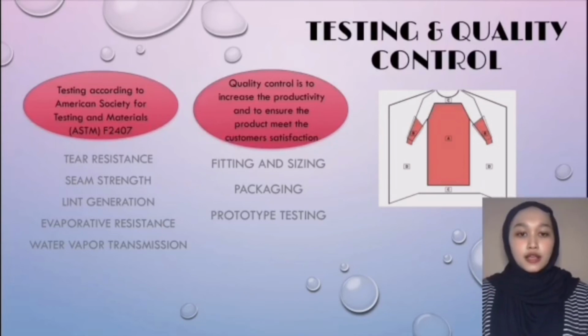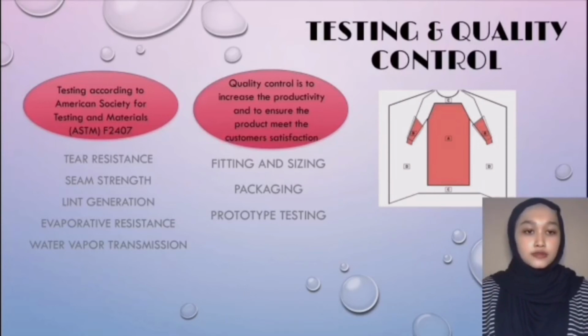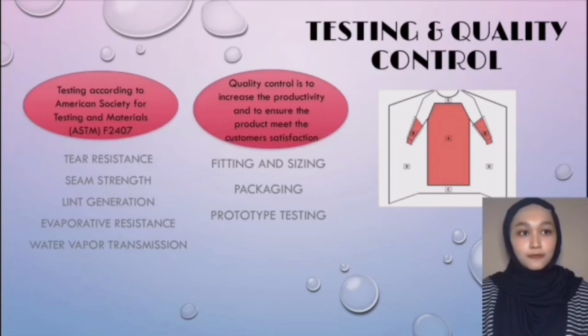The testing methods we choose are tear resistance, seam strength, length generation, evaporative resistance, and water vapor transmission. And for quality control, we choose methods which are fitting and sizing, packaging, and prototype testing. Quality control is to increase productivity and to ensure the product meets customer satisfaction.